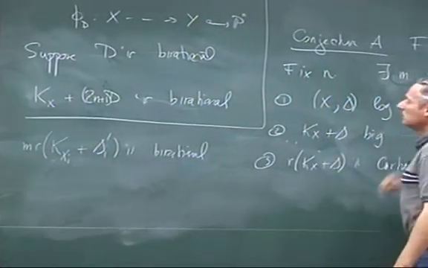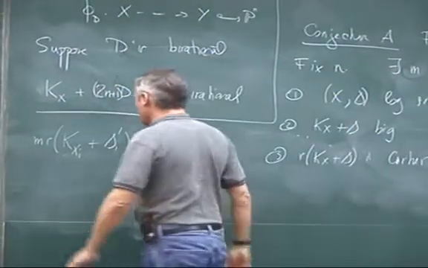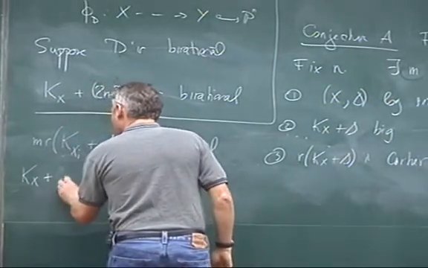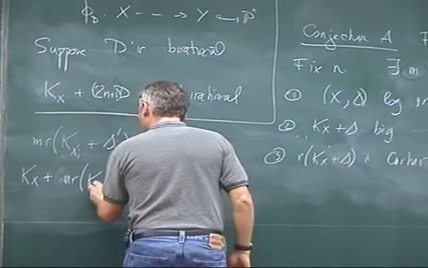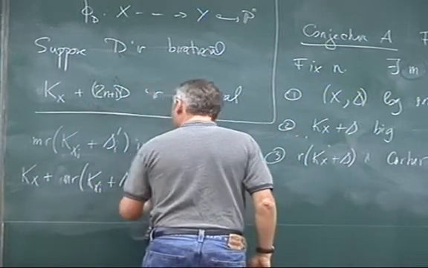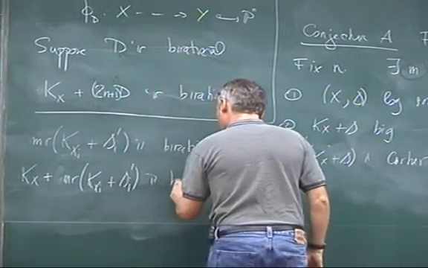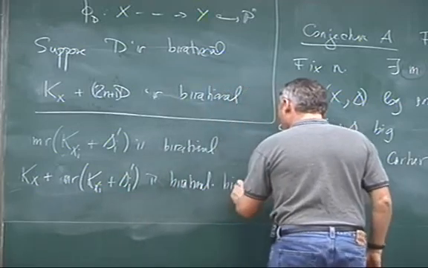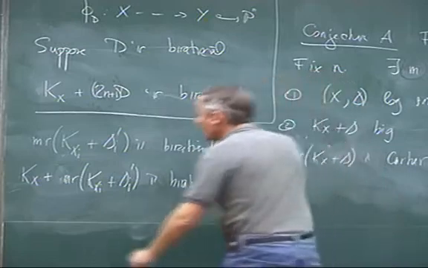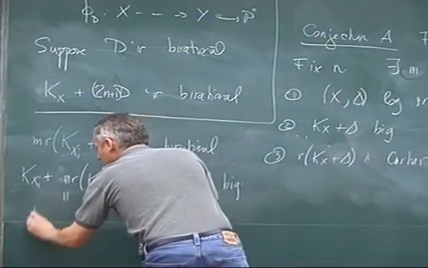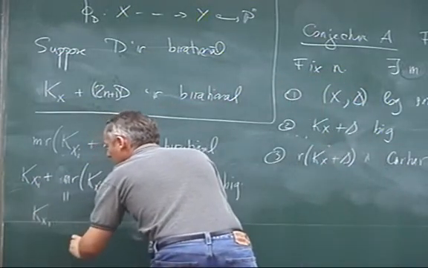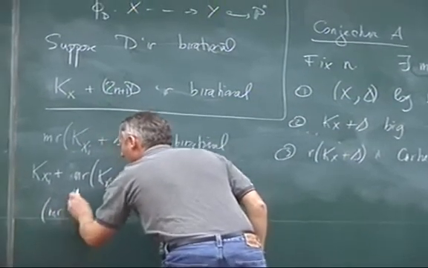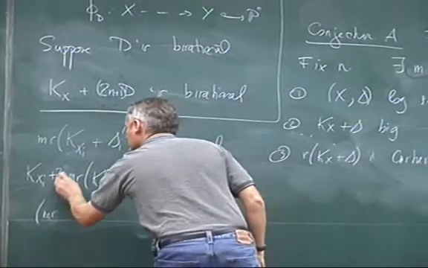I pick my m, I apply this, I know that K_X plus m r (K_{X_i} plus delta_i prime) is birational. In particular, it's big. But you see, I can rewrite this as K_{X_i}, well, to do the algebra, right? So m r, oh, there's 2n, right?